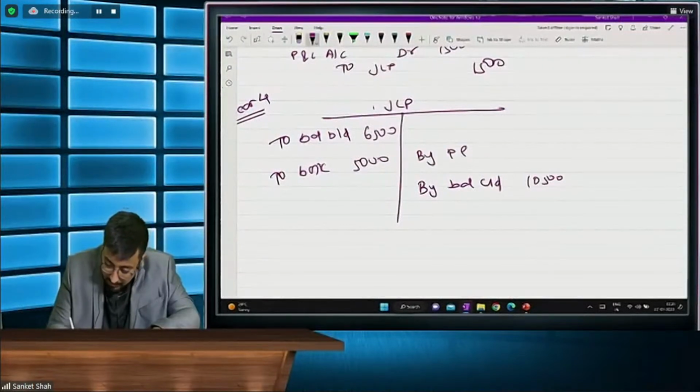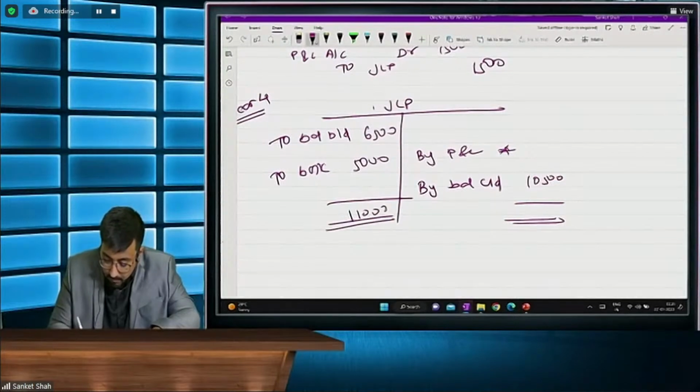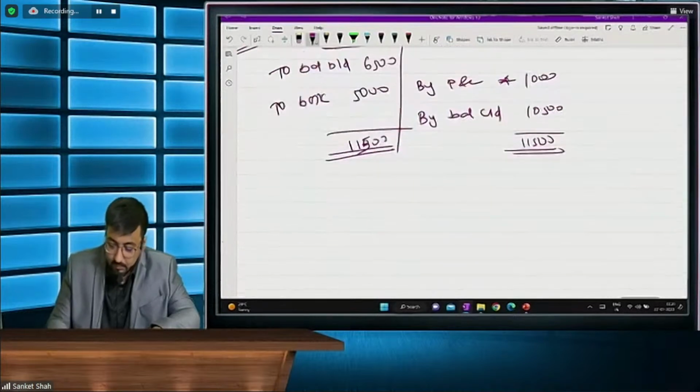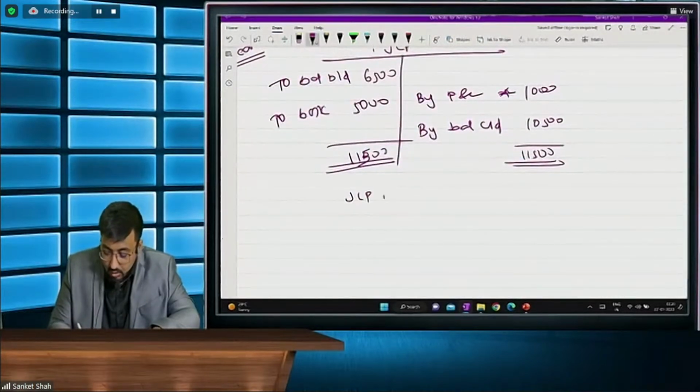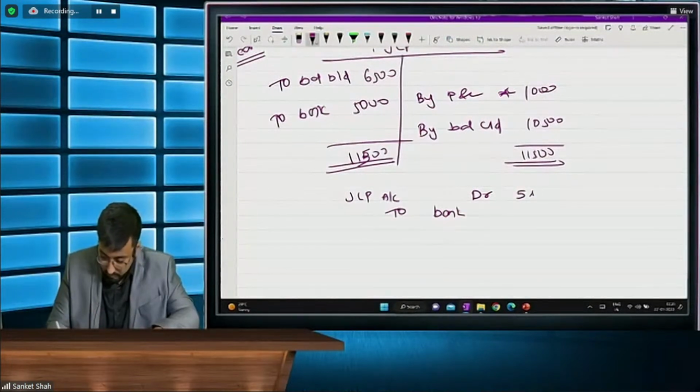And by P&L is a balancing figure, 1,000. So JLP to bank 5,000, and P&L to JLP 1,000.